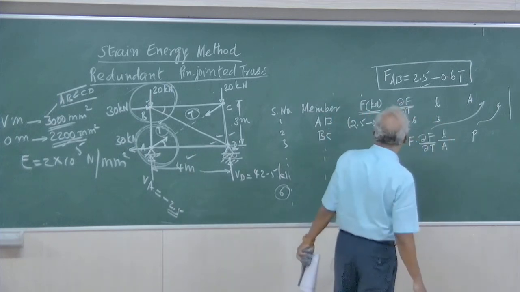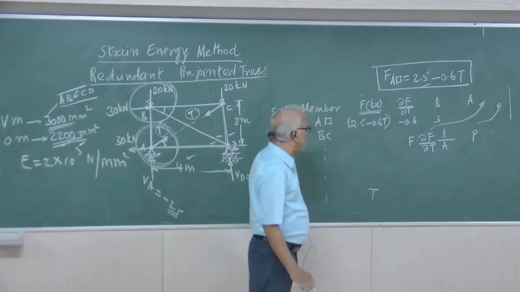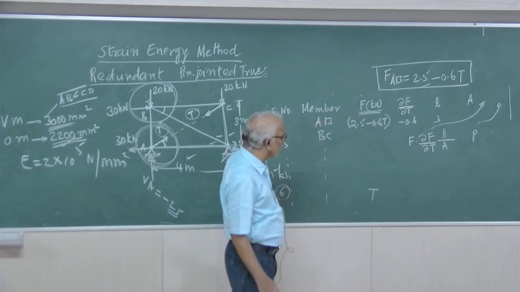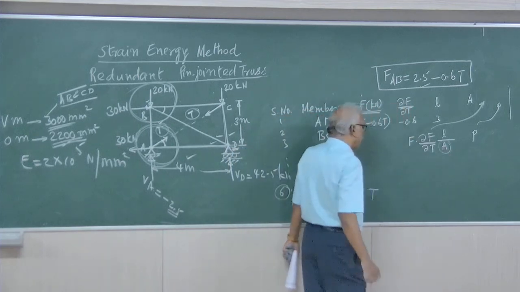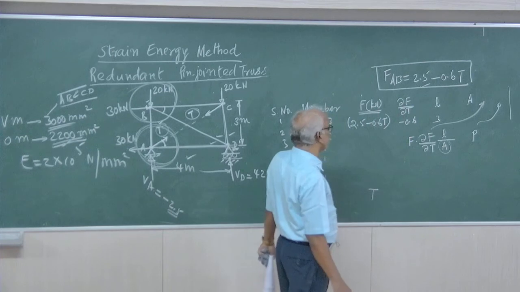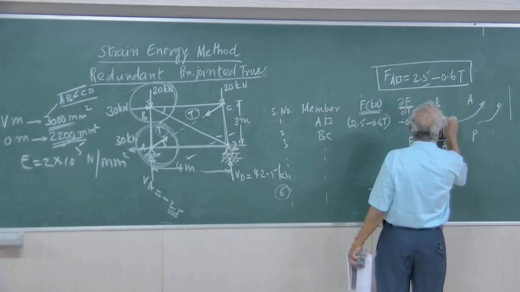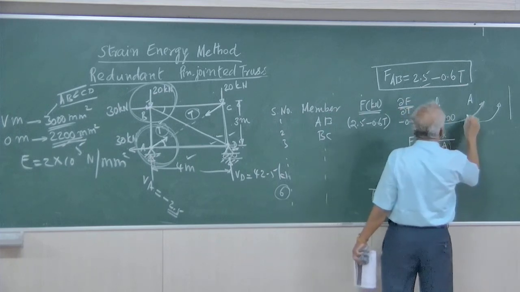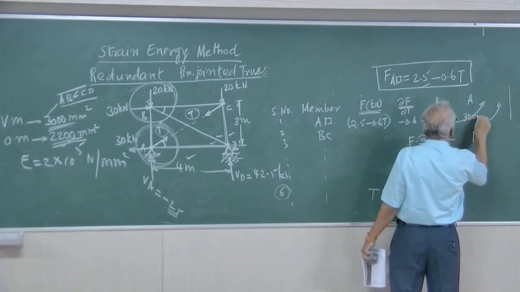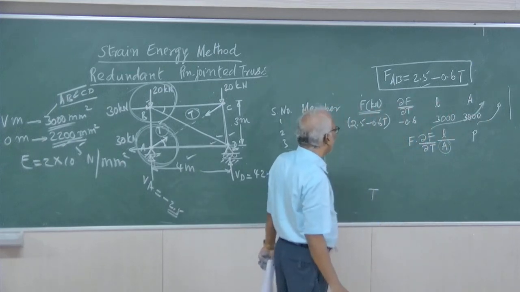Units, you will have to be very careful. All forces in terms of kilonewton, all distances in terms of meter. That means area also you have to find in terms of meter, or you convert this in terms of millimeter. You make this as 3000, so that area also is in terms of millimeter square. So you will have to be careful with units.